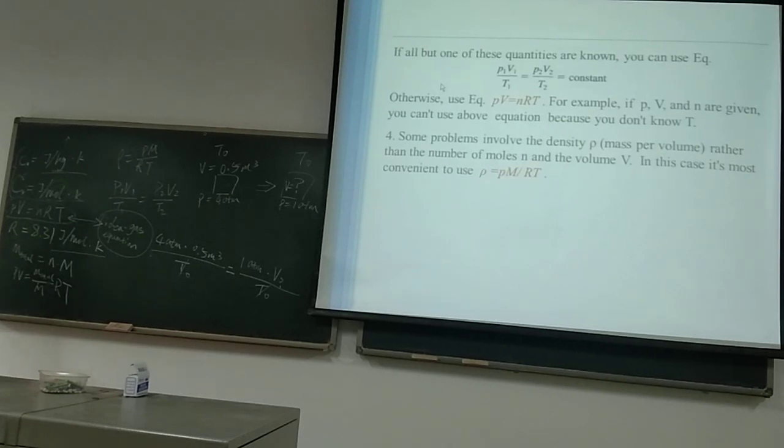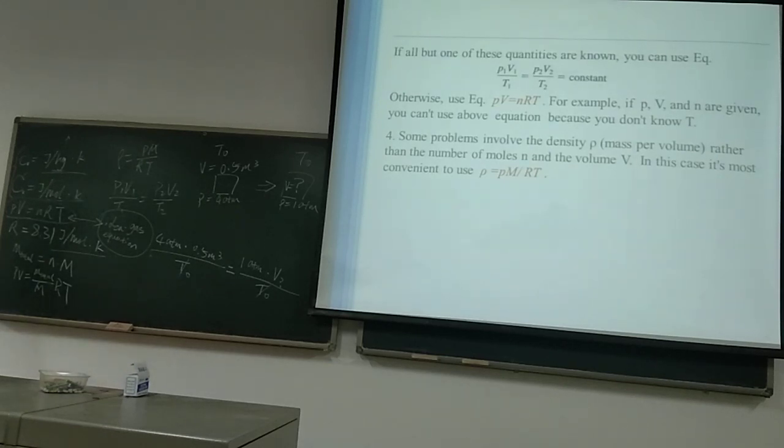If all but one of those quantities are known, you can use the equation here: P1 V1 over T1 equals P2 V2 over T2, which equals a constant. Otherwise, use the ideal gas equation, PV equals nRT.